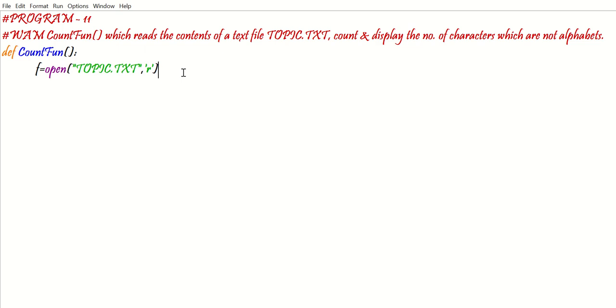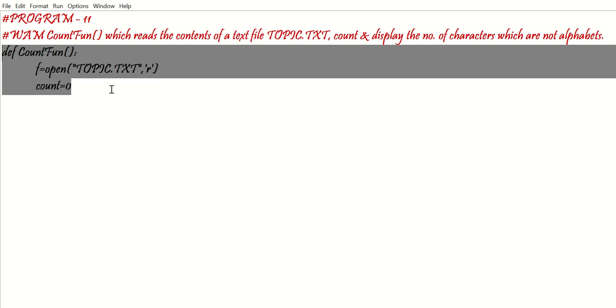Now it must count and display. So first we will give the value of count as 0. So see, I'm initializing the value of count as 0. Next, from now onwards, we will start the program. In most of the counting programs, for the programs which ask you to count and display something, these first three lines are going to be the same.